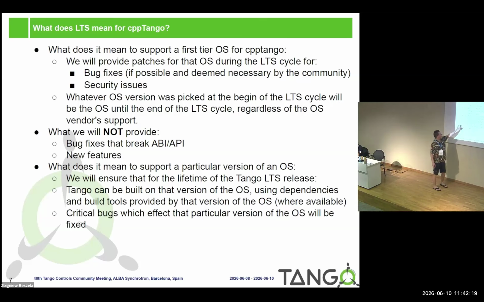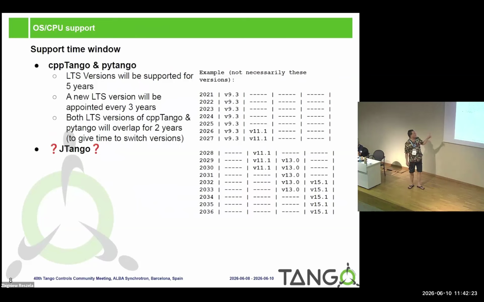So we have different levels of OS support, like I said already, as another outcome. We tried to come up with a support window for especially PyTango. That is what we would say how it looks like now.